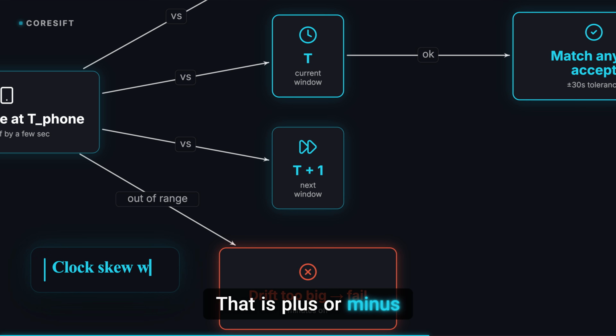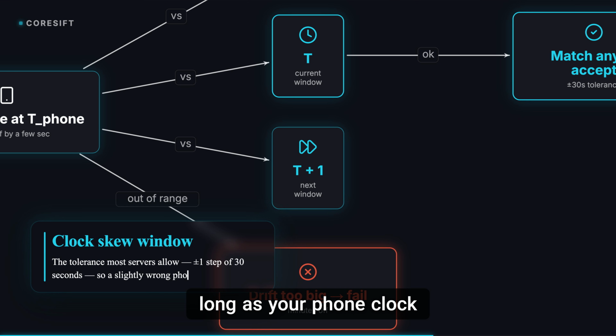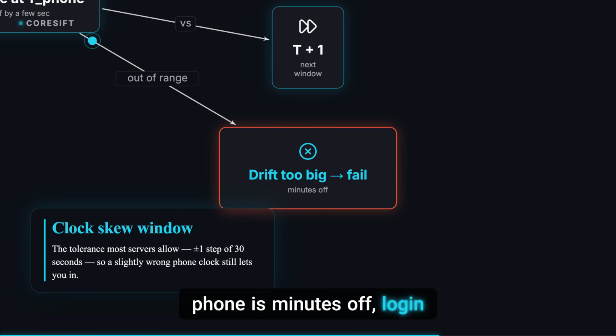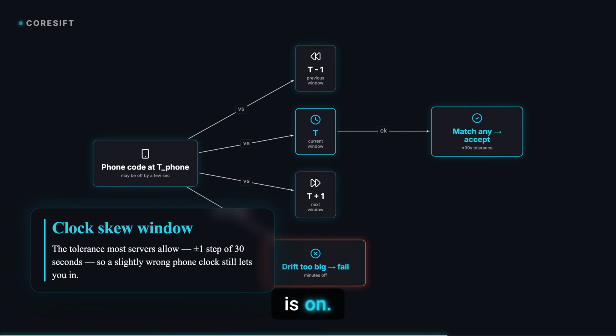That is plus or minus 30 seconds of slack. As long as your phone clock is within that window, you sail through. But if your phone is minutes off, login fails. That is why almost every Authenticator help page starts with, check that automatic time is on.